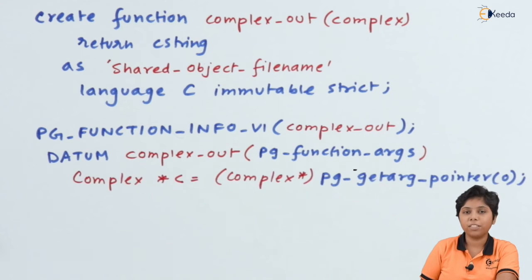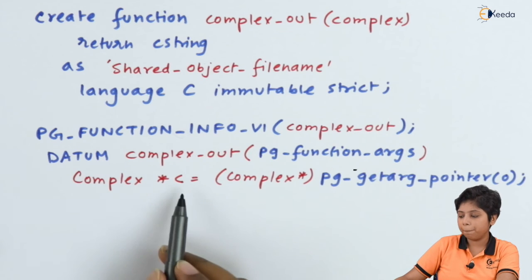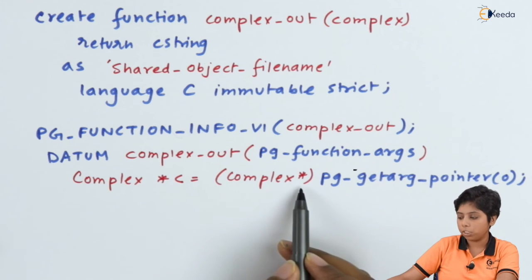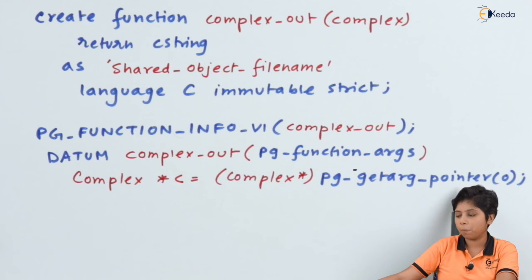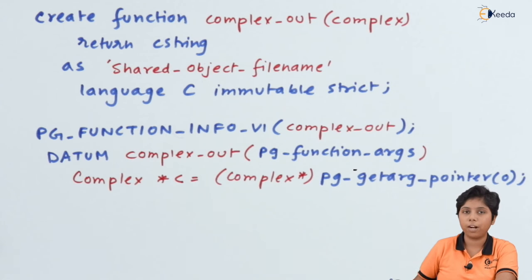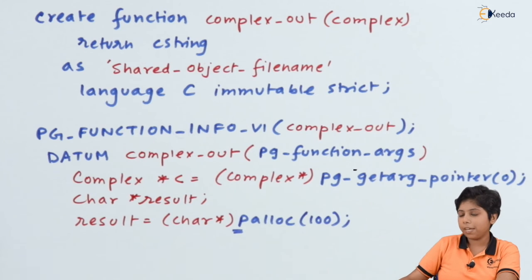Now to create a pointer of the complex type, we are using Complex star c equals, which is a pointer of Complex star. Whenever we need to create a pointer, we create it with the PG_GETARG_POINTER function with the 0 argument for a successful creation. Now a character pointer for storing the result. The function palloc stands for PostgreSQL alloc. It is just like malloc and calloc, and is used by PostgreSQL functions.